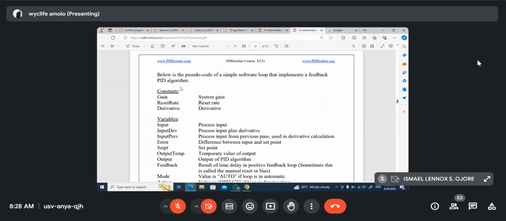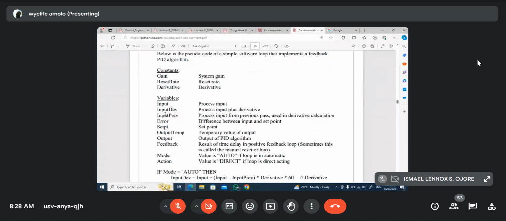Below is a pseudocode of a simple software loop that implements a feedback PID algorithm. It will have constants here, which are gain, the system gain; reset rate, which is the reset rate; and derivative, which is just derivative.